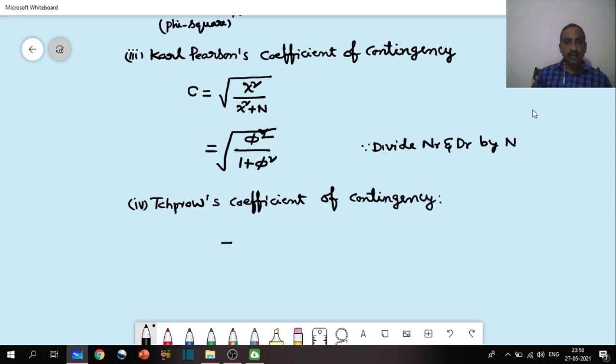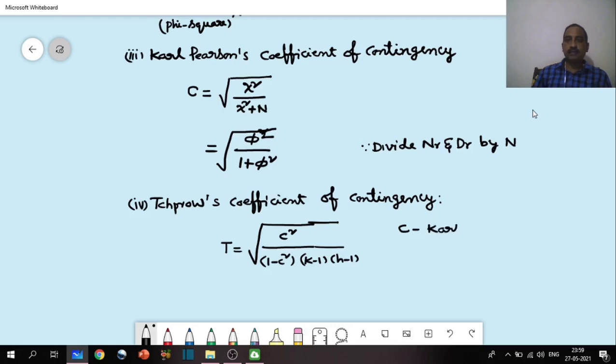It is denoted as T, the square root of C square by 1 minus C square into k minus 1 into h minus 1. Here C is Karl Pearson's coefficient of contingency.